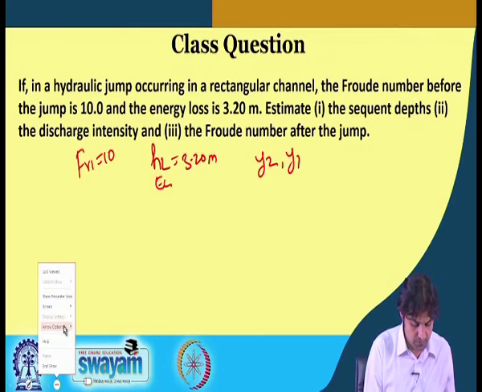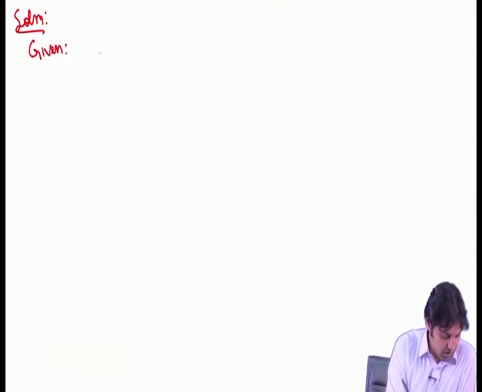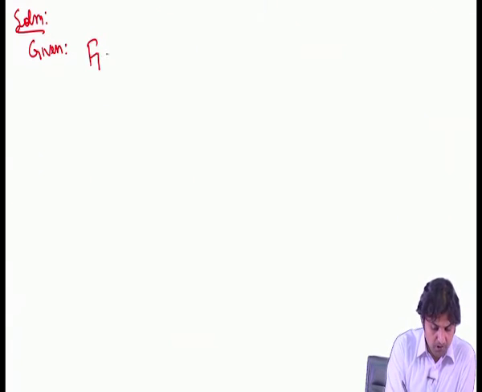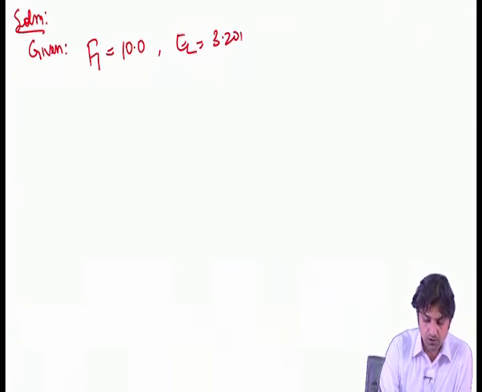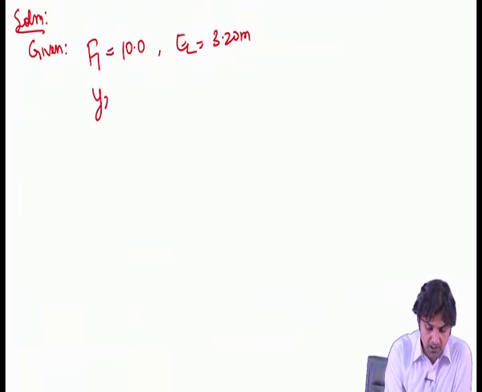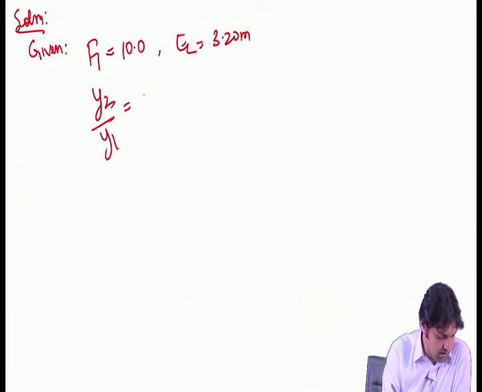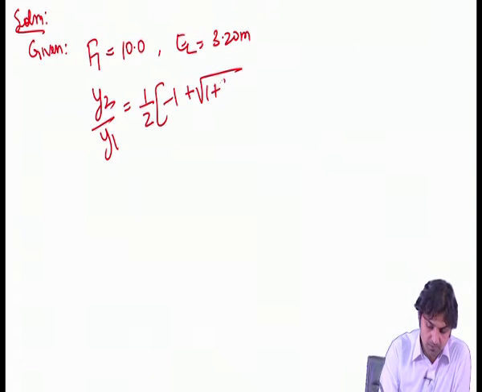So, to solve this, we will take the help of the white screen. The things that are given to us are Froude number F1, let us say, is 10.0 and energy loss or head loss is 3.20 meter. All right. So, from the formula you remember we had found y2 by y1 is equal to half of minus 1 plus under root 1 plus 8 FR1 whole square.